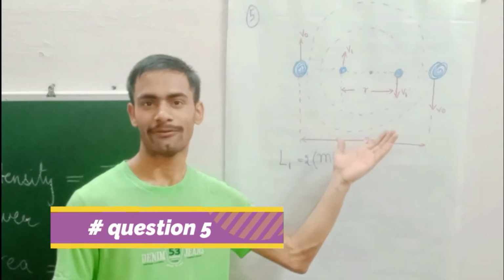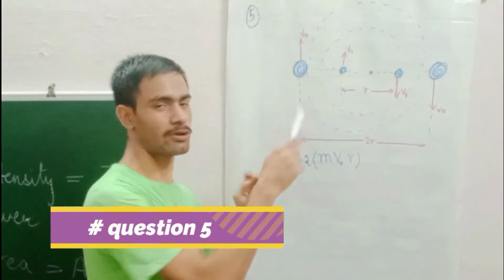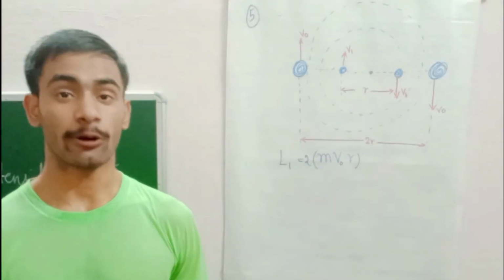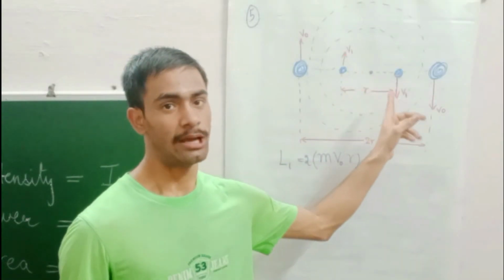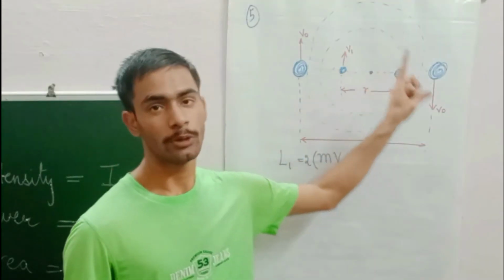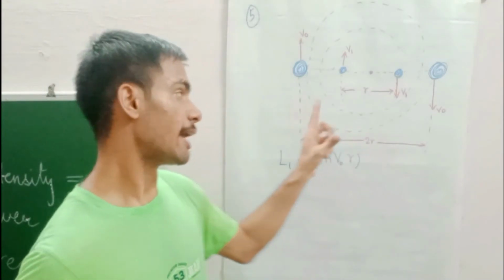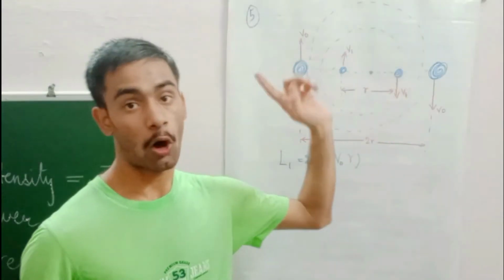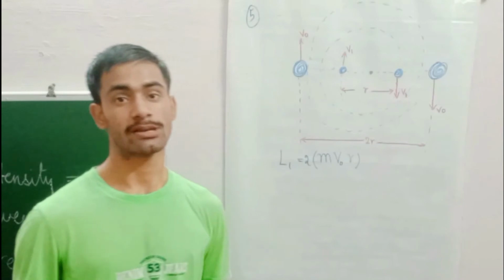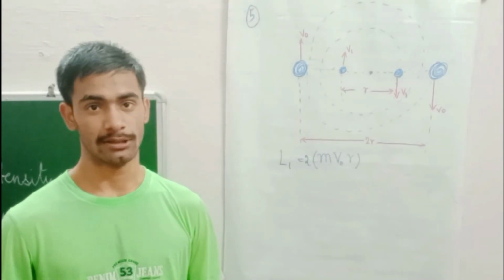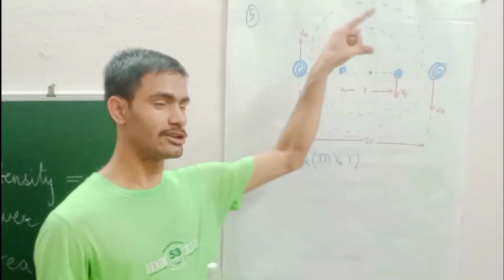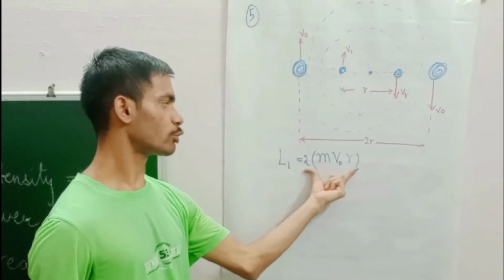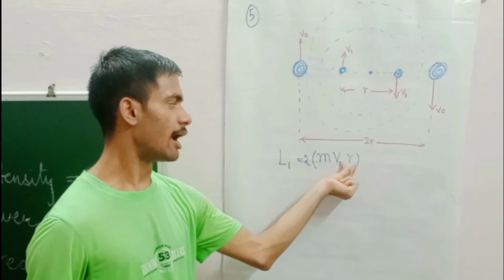So this is question number 5. The main concept behind this is angular momentum conservation. As there is no external force, their motion is only due to their mutual interaction, so we can apply total energy conservation or angular momentum conservation about their center of mass. So let's write L initial, the angular momentum at the initial time, that is equal to 2 times m v naught r.